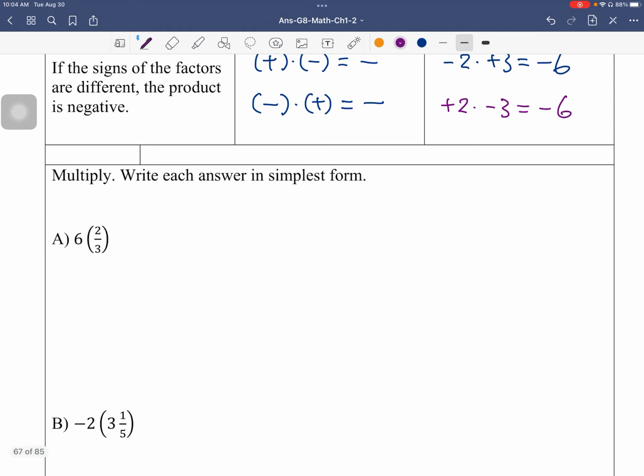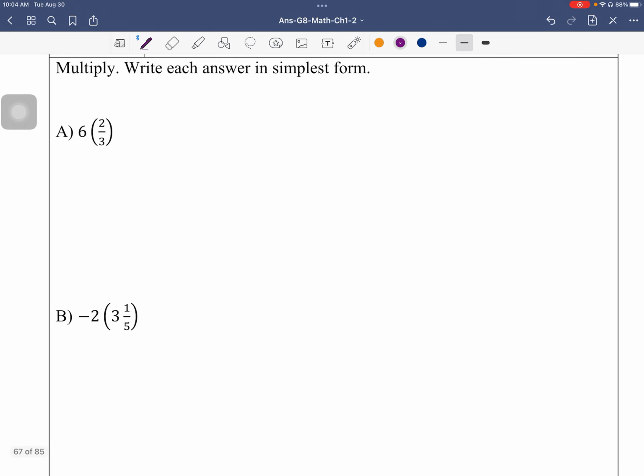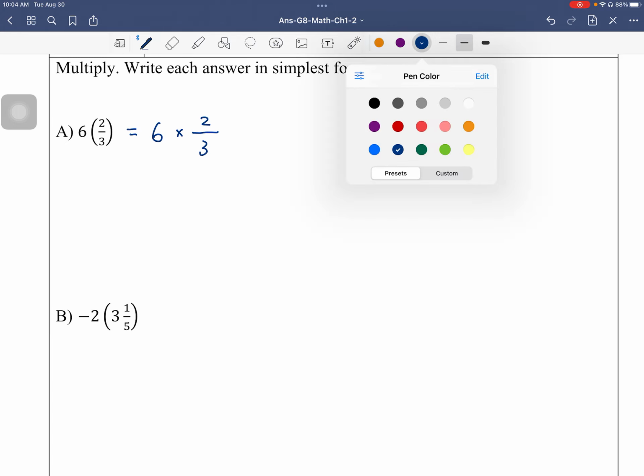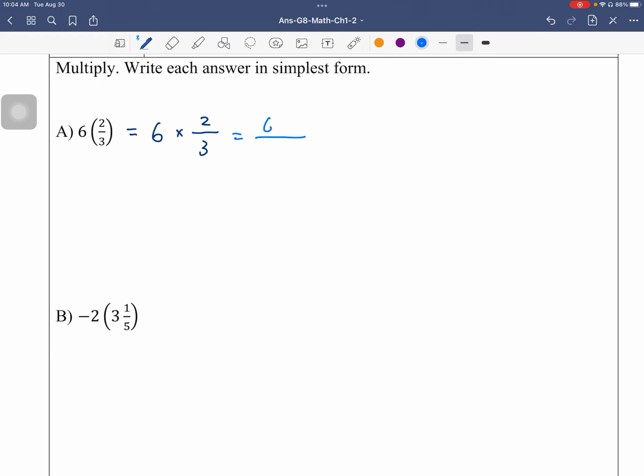Okay, so I want to multiply them and write the answer in the simplest form. To do this, I want to multiply 6 times 2 over 3. When I simplify, in general I just divide by 3, so 2 times 2 is 4.